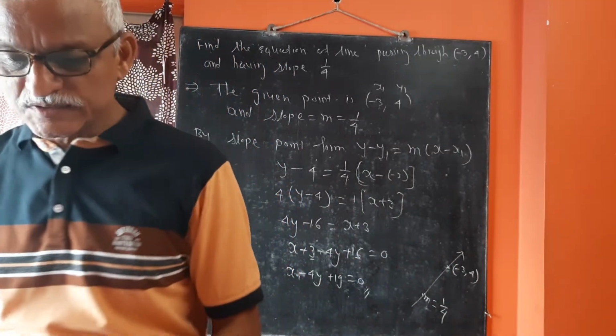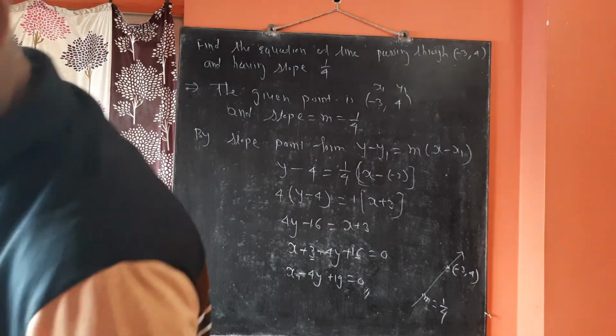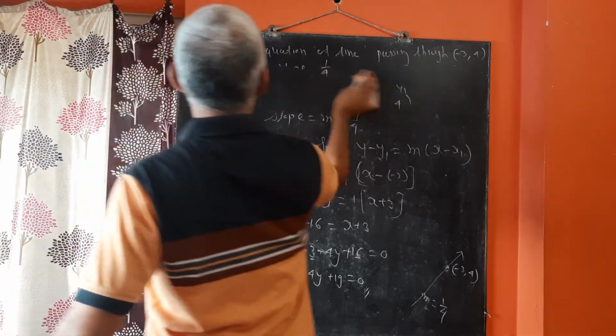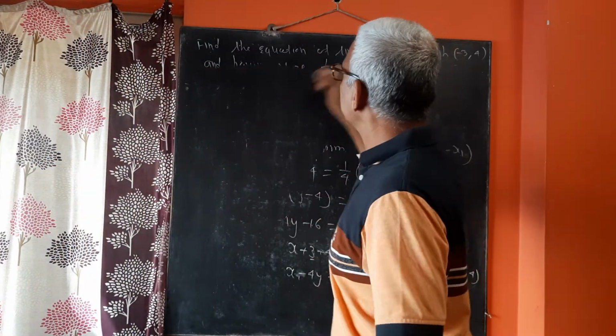So these are the two problems on the slope point form. Now our next type is the 2-point form. So we will solve a problem on the 2-point form also.